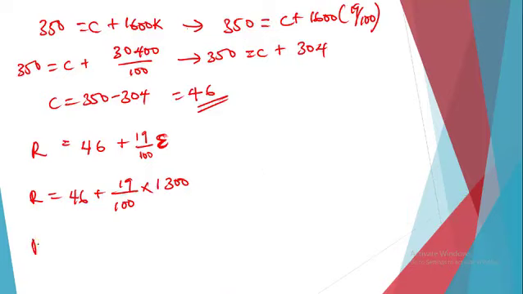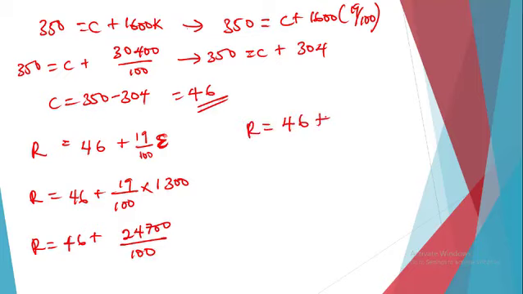That will give us R equal to 46 plus 19 times 1300, which is 24,700, all over 100. Our R is equal to 46 plus 24,700 divided by 100, which will give us 247.